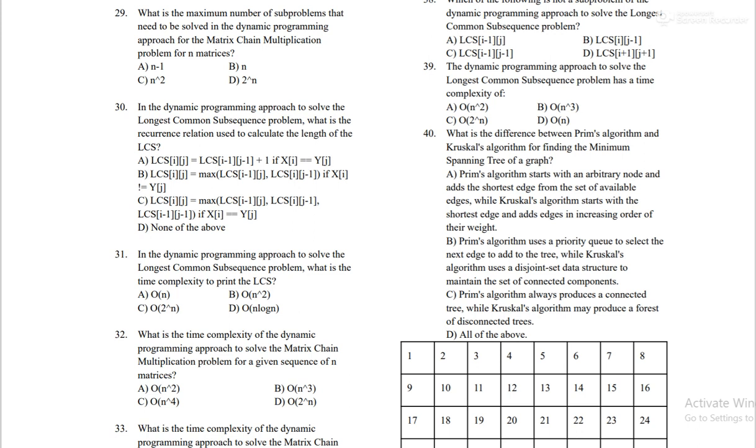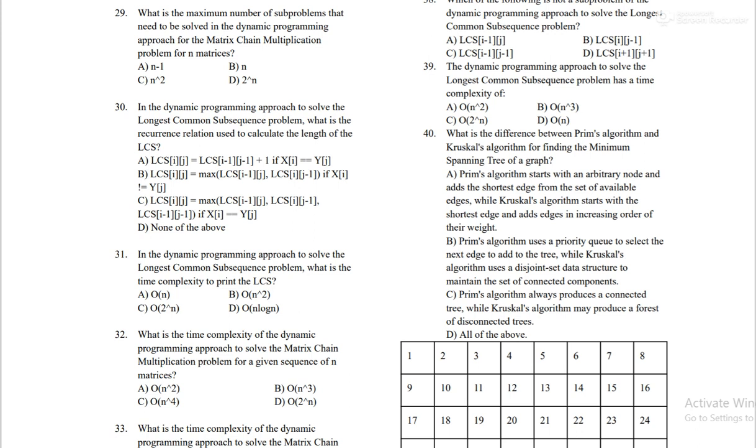Question number 31. In the dynamic programming approach to solve the longest common subsequence problem, what is the time complexity to print the LCS? The time complexity to print the LCS is big O of n, that is order of n. Here the correct option is option A. Question 32.